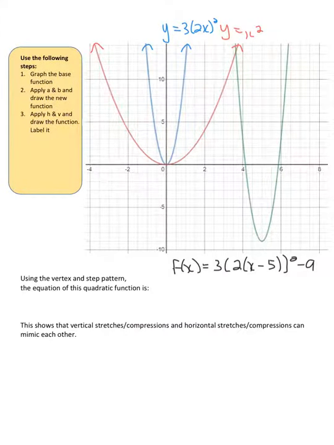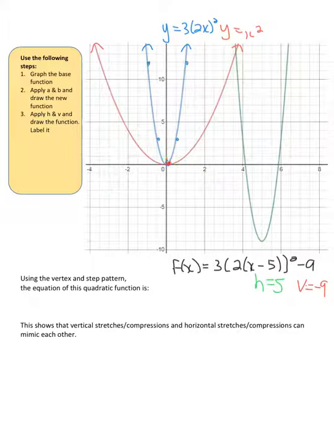So now we are ready for step 3, where we apply the h and v transformations. So again, h is positive 5, and v is negative 9. So that means we're just going to take the blue parabola, the one where we performed the stretches and compressions, and we are just going to move those key points.